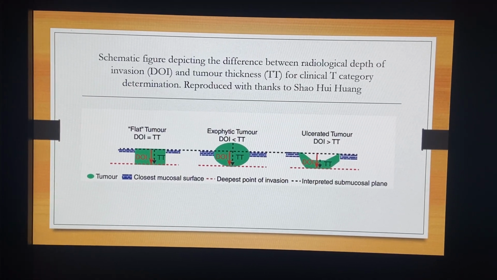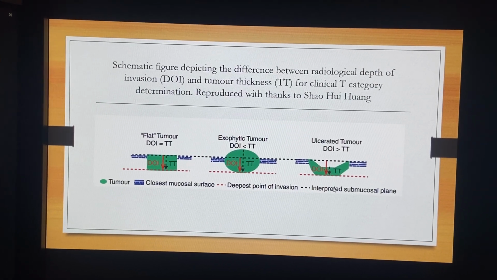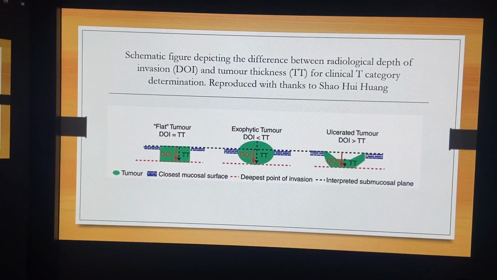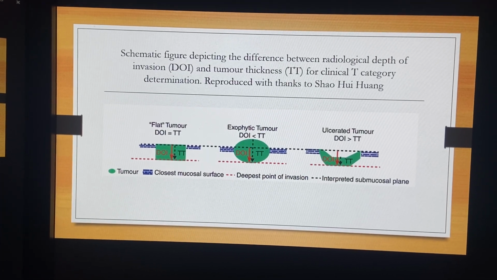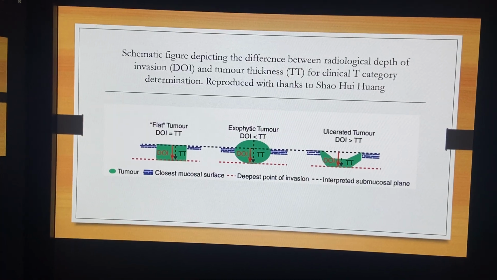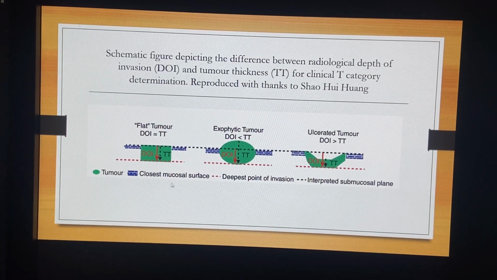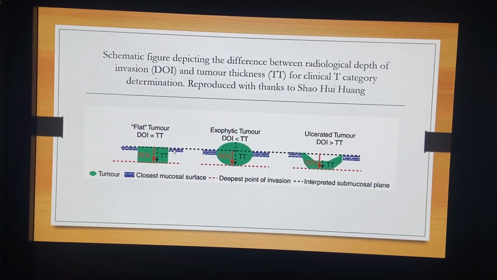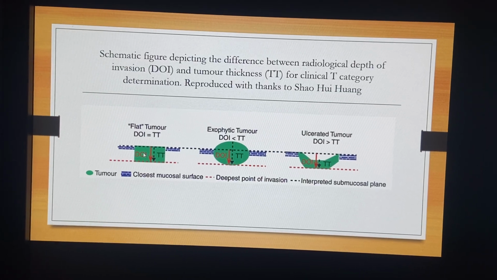This schematic helps show that depth of invasion is usually smaller than or different from tumor thickness, depending on whether the tumor is exophytic, growing outwards, or ulcerated or shrunken. Let's see here. The blue block is the closest mucosal surface and the black dotted interrupted line is the interrupted submucosal plane. The green is the tumor.